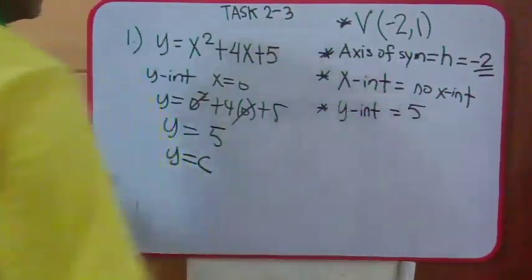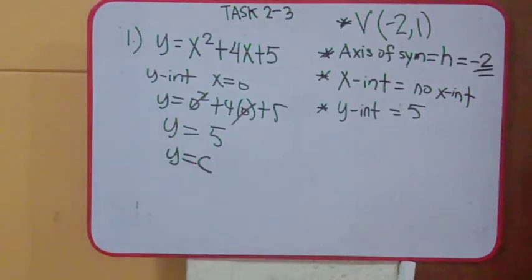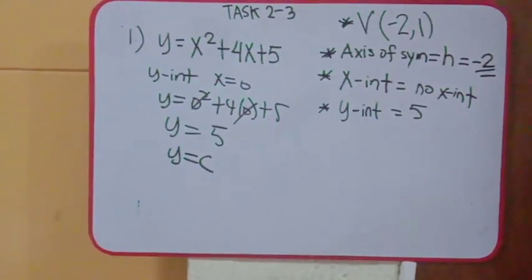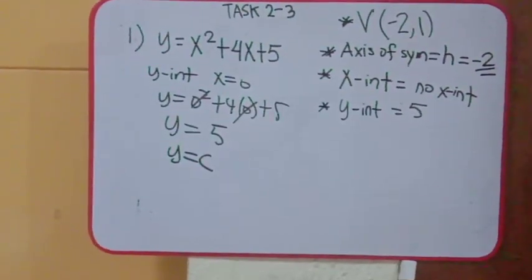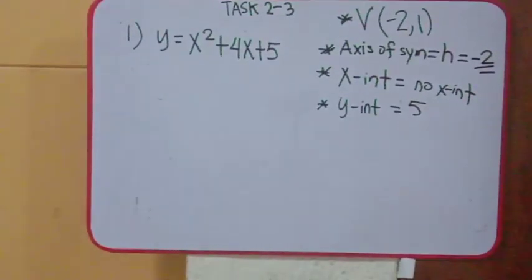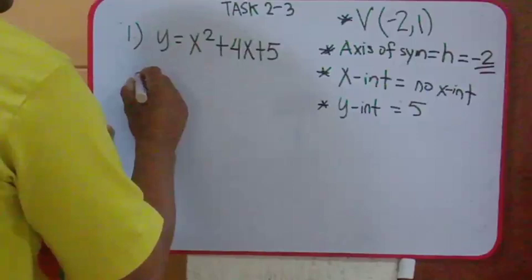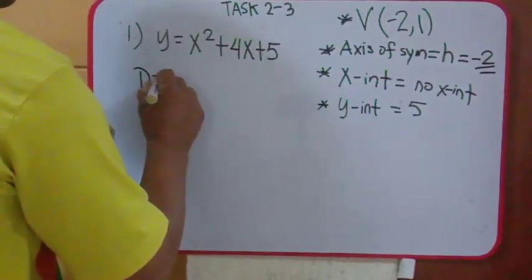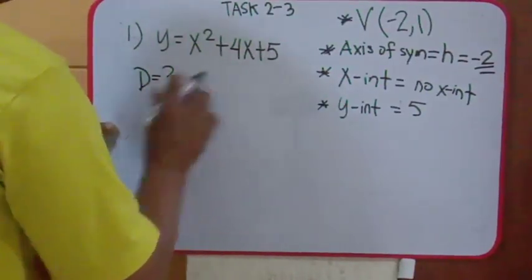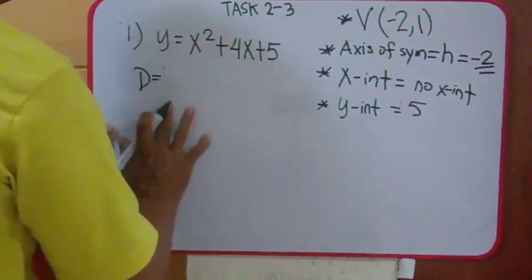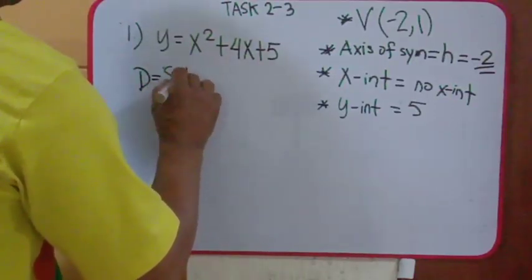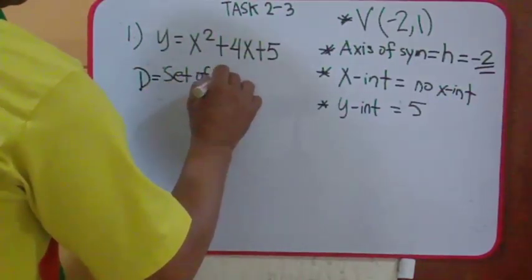Next is the domain and range. So, our domain in this function, ito yung pinakamadali. So, ang domain is the set of all real numbers. So, dyan tatama na kayo.